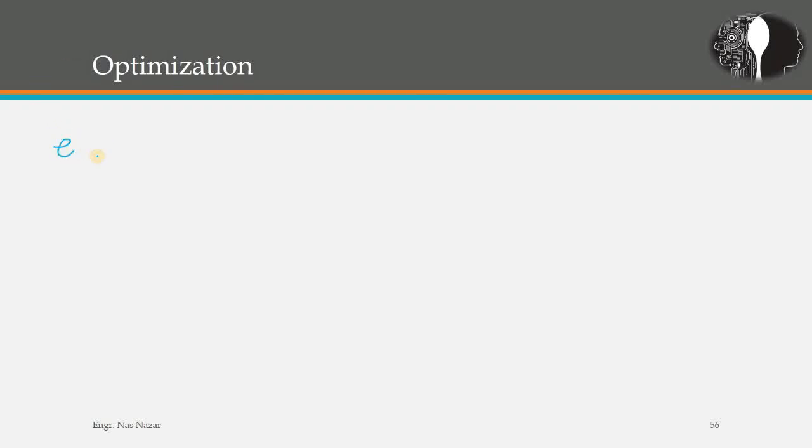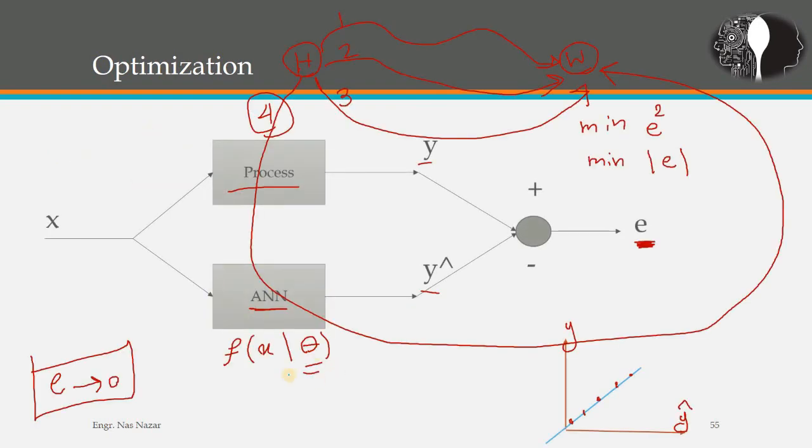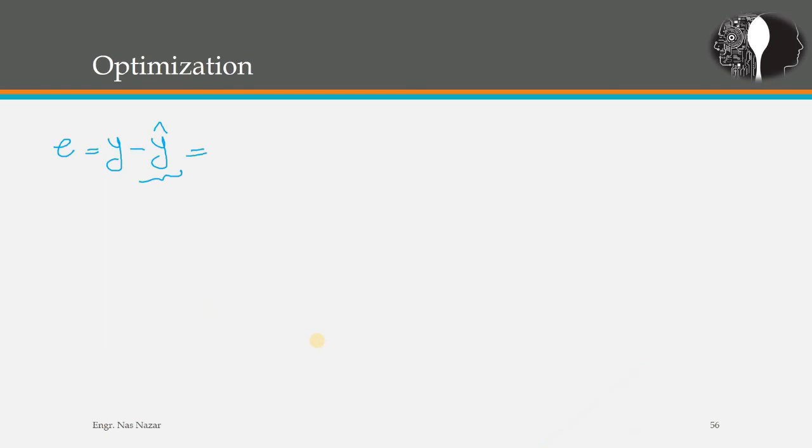So here we have E equals y minus y hat. Y hat, as we defined already in this example, is a function of input x based on our theta, which is our parameter.